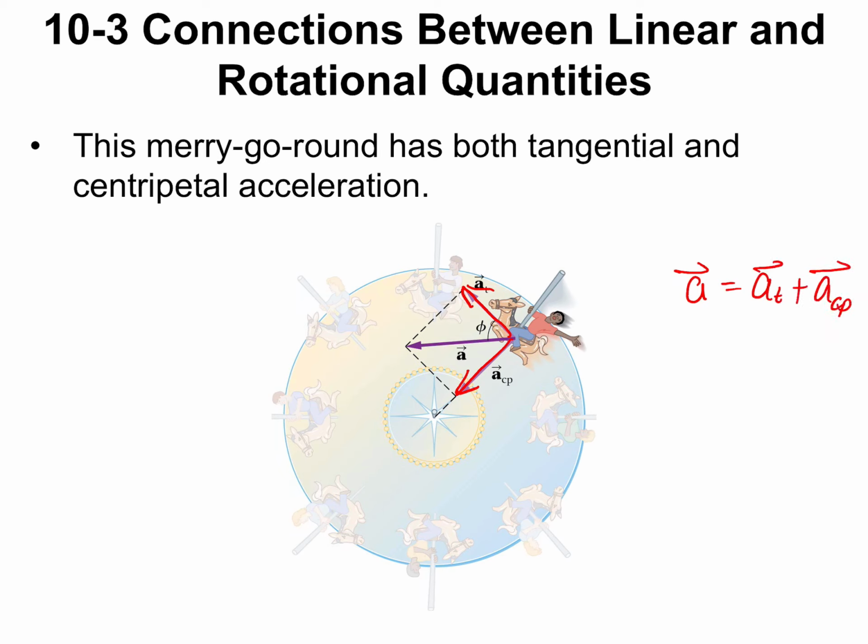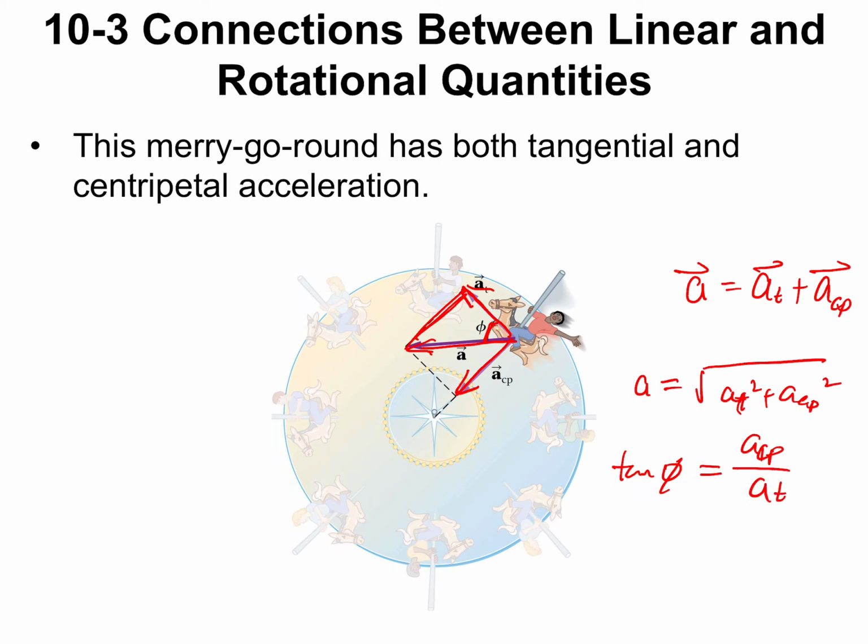You add them together, this is how you add them. The magnitude of the net acceleration equals the square root of AT squared plus ACP squared. We can also look at the angle: tangent theta equals ACP divided by AT.